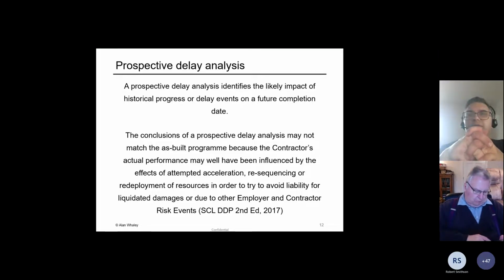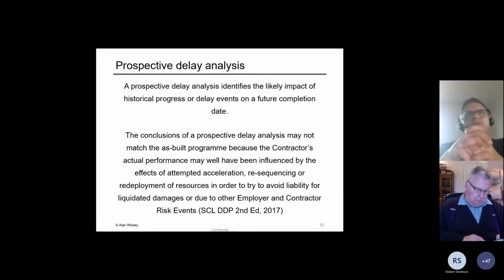And the reason that it differs is because of things like resequencing or redeployment of resources, and the contractor might do that, for example, to avoid liability for liquidated damages. It might wish to mitigate the delay, or indeed there might be other events which are the employer's risk or the contractor's risk, which change how the project's constructed again.